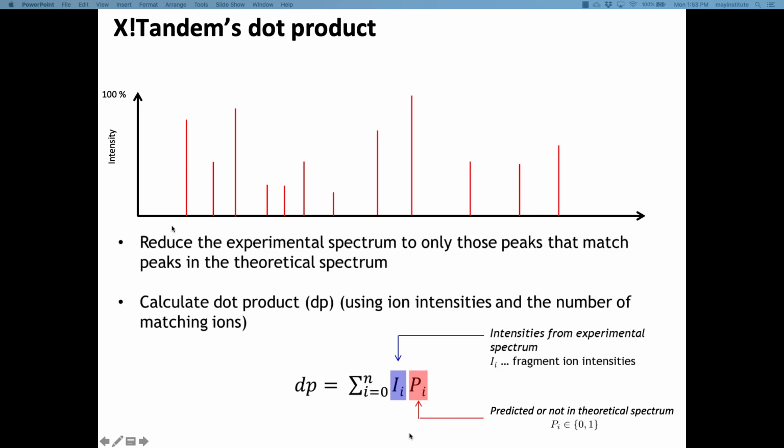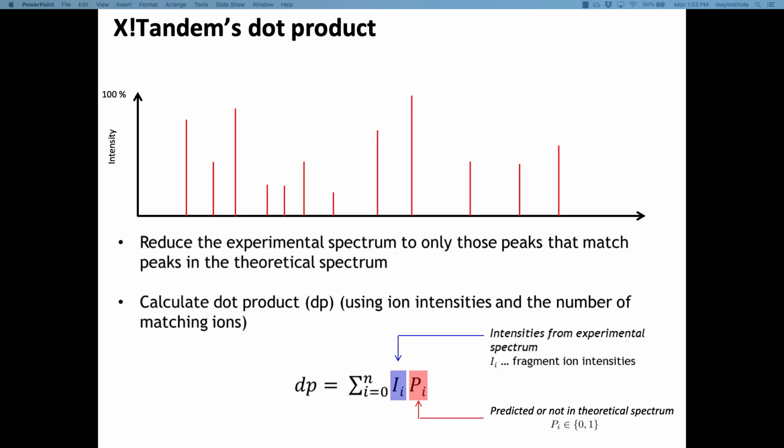Now we're actually looking at the intensities, but we're not looking at the intensities of the theoretical spectrum, because the theoretical spectrum does not have any intensities. We don't know what the relative intensities are. So what's the rationale of actually using the intensities here? Well, the idea with this dot product with the intensity-weighted shared peaks is that the more of the signal you can explain away with the theoretical spectrum, the better it is.